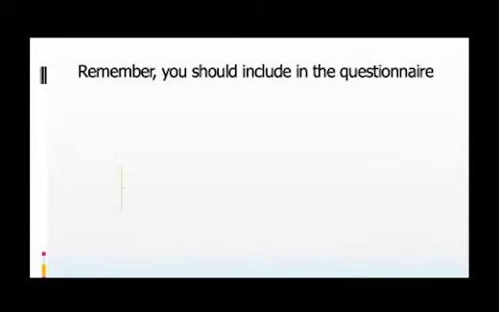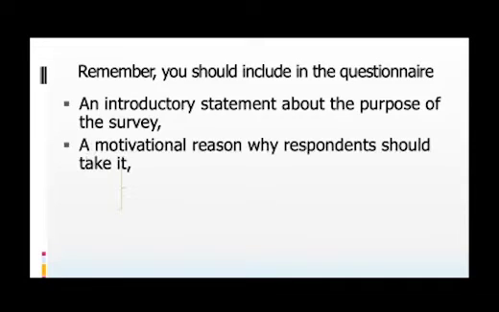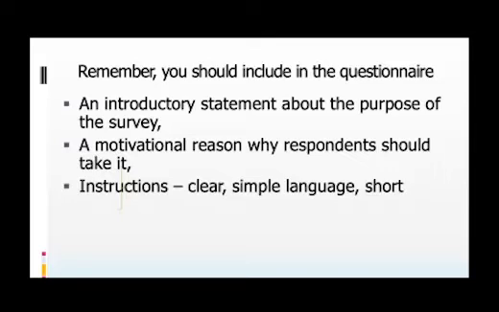Now, remember, you should include in the questionnaire an introductory statement about the purpose of the survey, a motivational reason why respondents should take it. So you need to motivate respondents as to why they should take it. The instructions should be clear, use simple language, and be short.